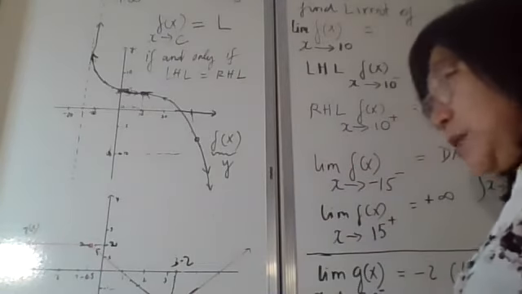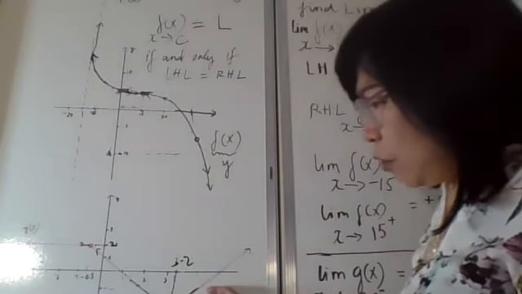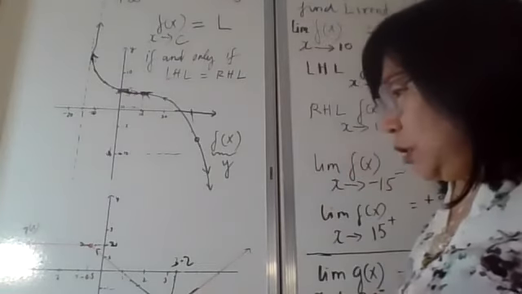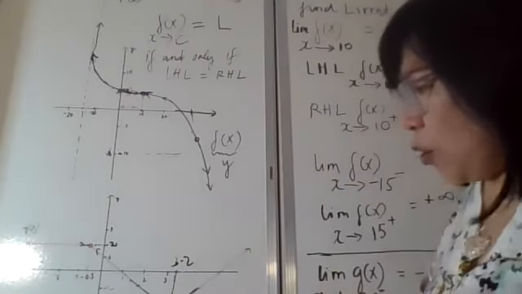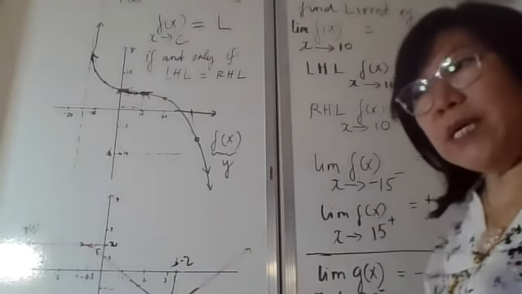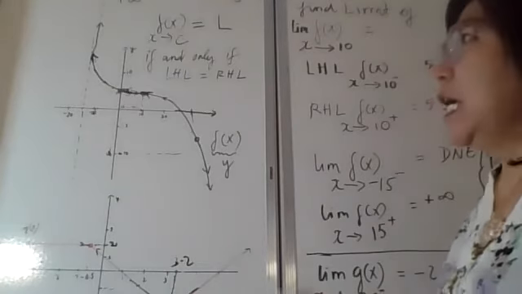What is the definition of limit? When we're talking about a limit, we ask what value the function approaches when x approaches that point. And the word approach means it gets very close, but it's not exactly there.